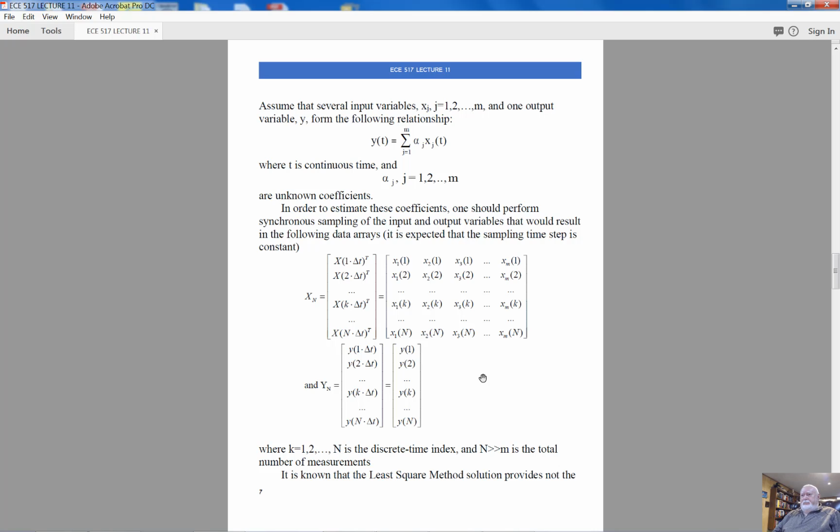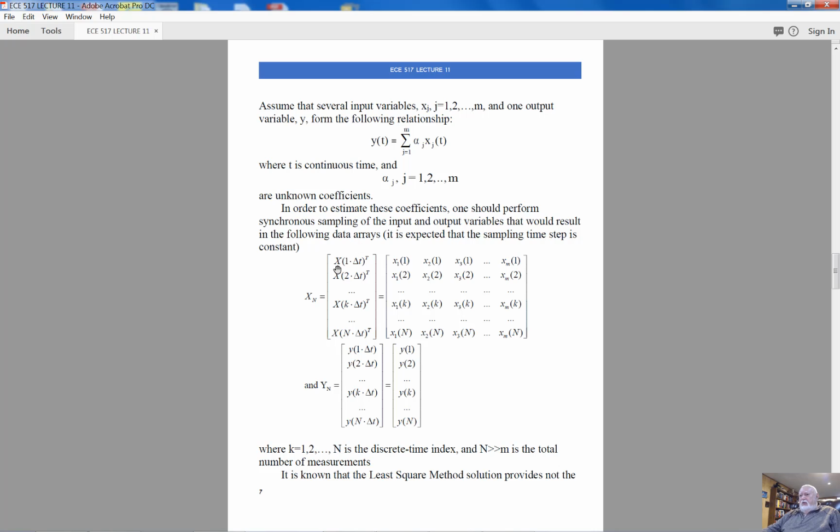Now, first of all, in order to do the estimation, as I said, we have to perform synchronous sampling of the input and output variables, and this would result in the following data arrays. We're assuming that the sampling time step is constant, and it does not make any sense to write this delta t again and again.